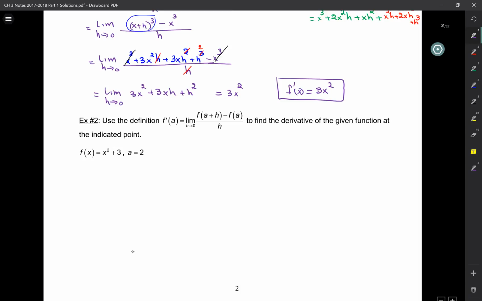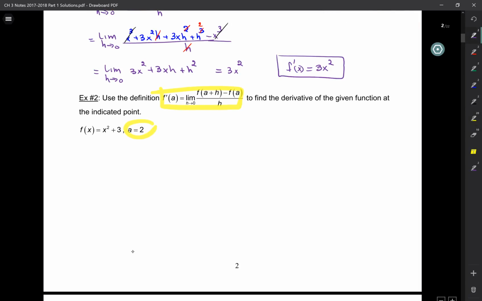Okay. Use the definition to find the derivative of the given function at the indicated point. So now we're going to do it, but at the point a equals 2. So now it's not f prime of x, it's f prime at a, okay?